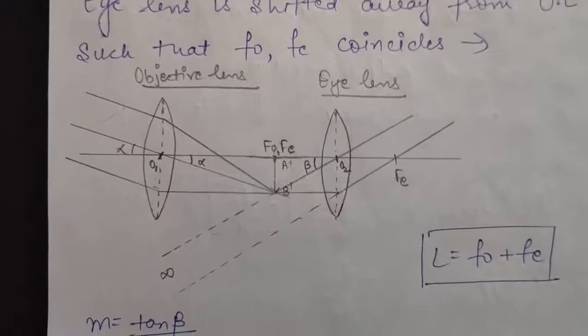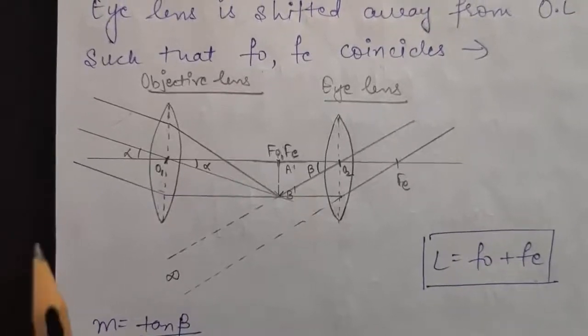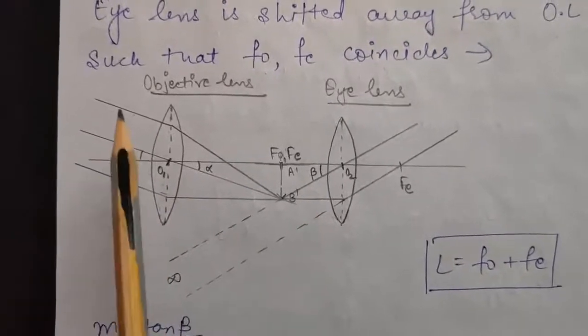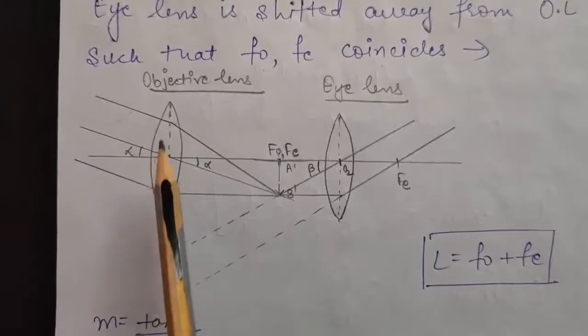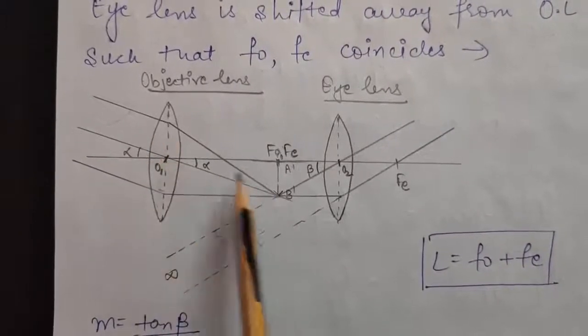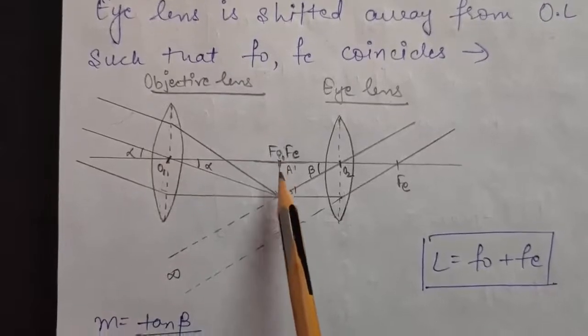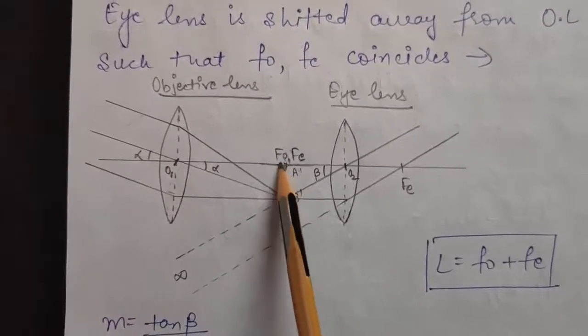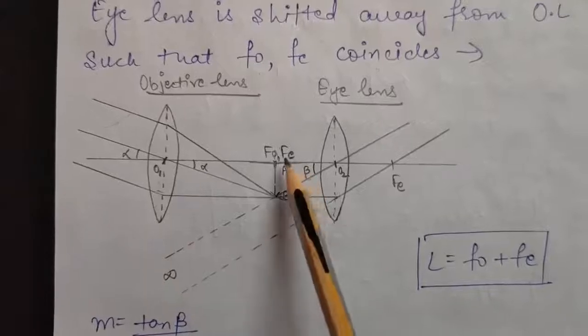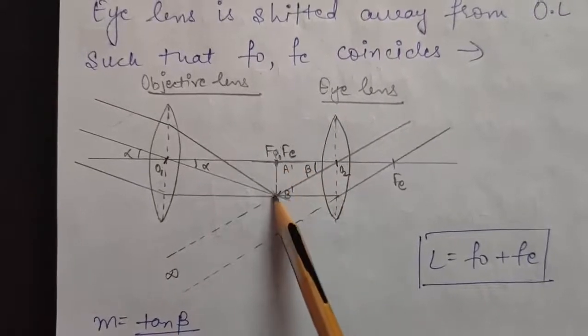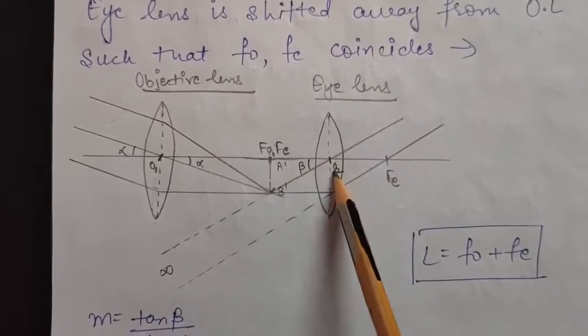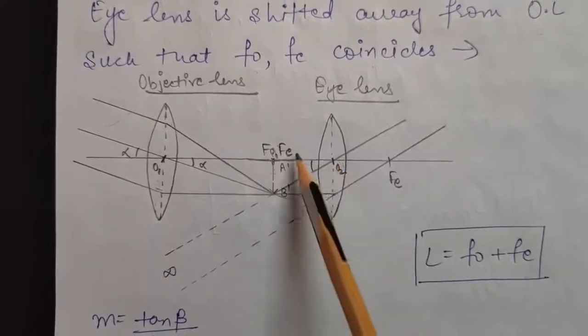Okay, so now in this case what will happen? Again all the things are kept similar. The rays are coming from infinity, and due to this the image will be formed at the focus point of the objective lens. So here A dash B dash is formed at F0, but now as you can see this image will act as the object for the eye lens, and this object for the eye lens is placed at FE.